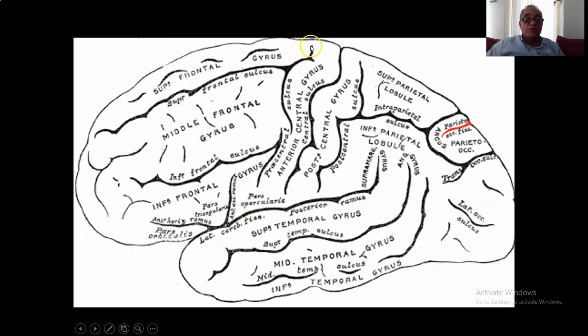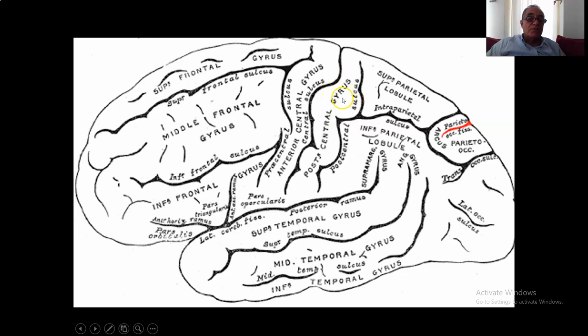The posterior part of the frontal lobe is present between the precentral sulcus and the central sulcus, and it contains the motor area. For the parietal lobe, we have the central sulcus and the postcentral sulcus, and the part in between is the postcentral gyrus carrying the sensory area 3, 1, 2, as we'll see.